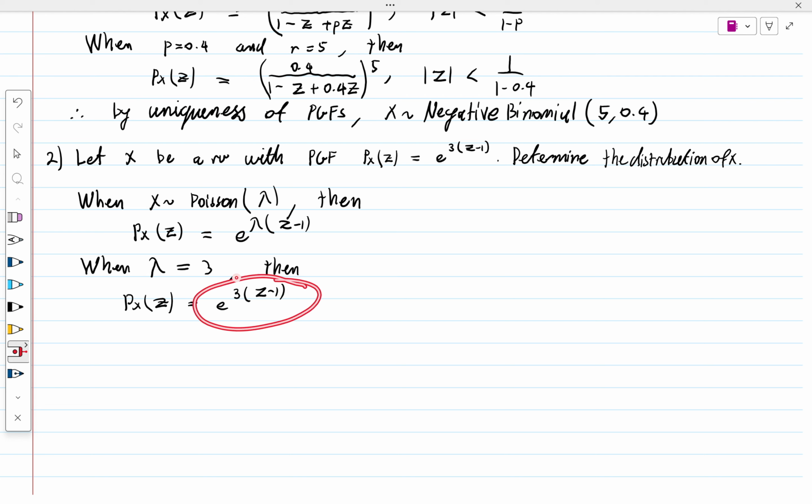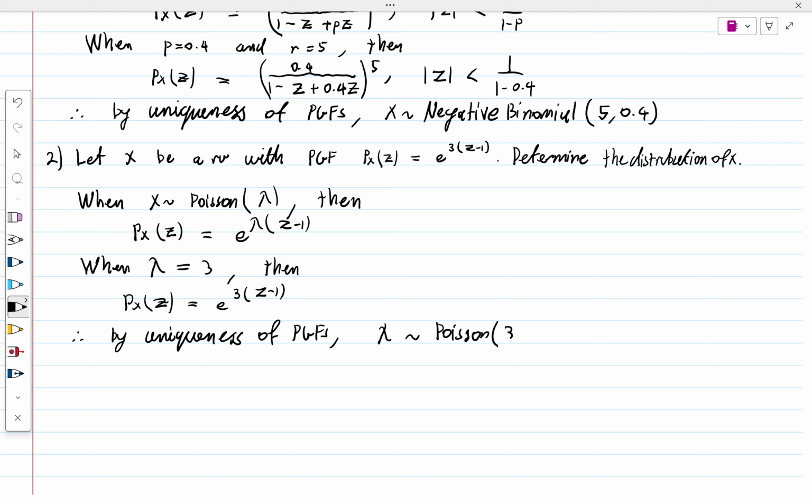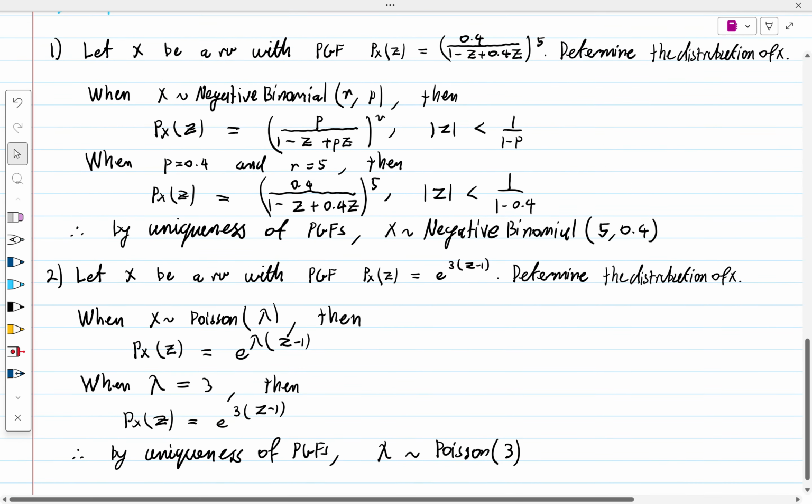Hey, what do you know? This looks exactly like the probability generating function we need to find. Therefore, by uniqueness of PGFs, X has a Poisson distribution with rate parameter 3.